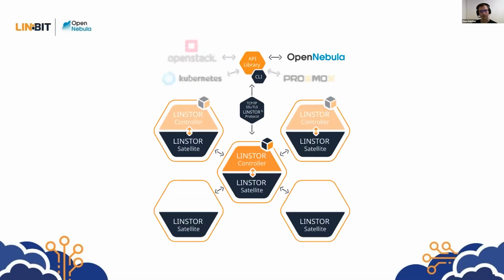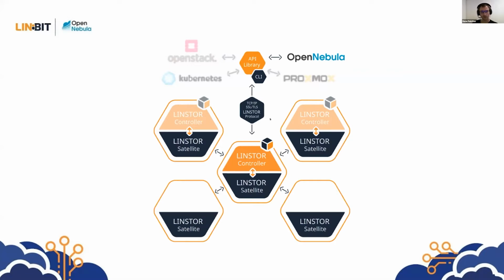So here is again a bit of an overview of how the things are connected. In the middle you have the controller. You only have one active controller, this is a requirement. You can't have two LINSTOR controllers active at the same time. And the controller talks to the satellites. A controller knows which satellites there are, and it connects to them and gives them all the information they need to do their work.